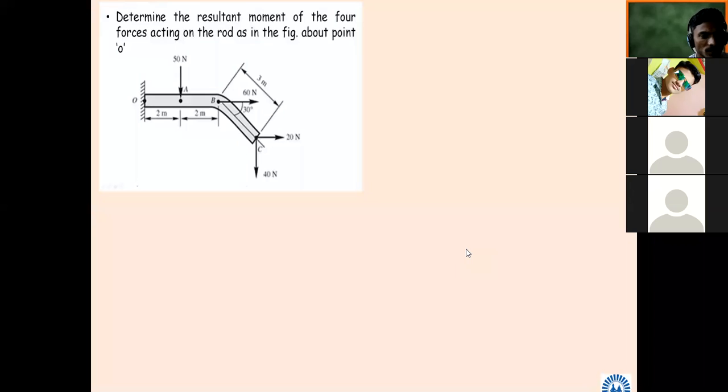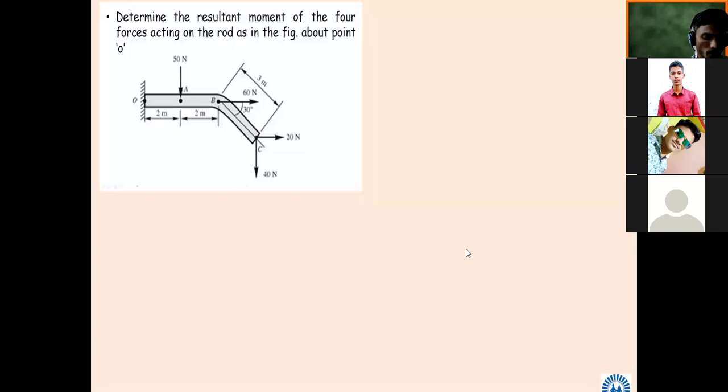You will see. I will give 1 minute. Just see this diagram carefully. So how many forces are there? Four forces are there.